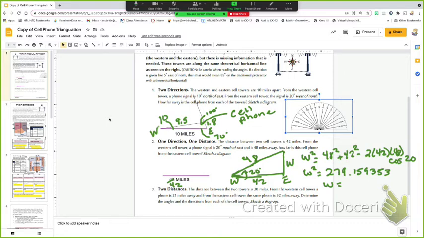So then you have to take the square root of that. So I get 16.7. So this side right here, W, I'm going to go ahead and erase it, is 16.7.